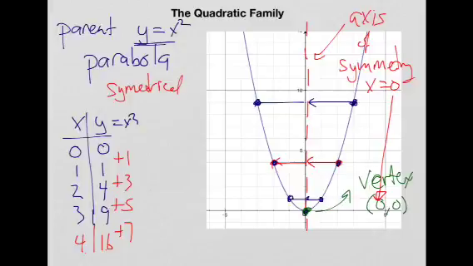If we just remember this pattern, up 1, up 3, up 5, up 7, in our basic parabola we went up 1, up 3, up 5, so this next one, which is right off my graph, goes up 7. This is one way you can see whether this curve is actually a parabola, or if something else is going on with it.